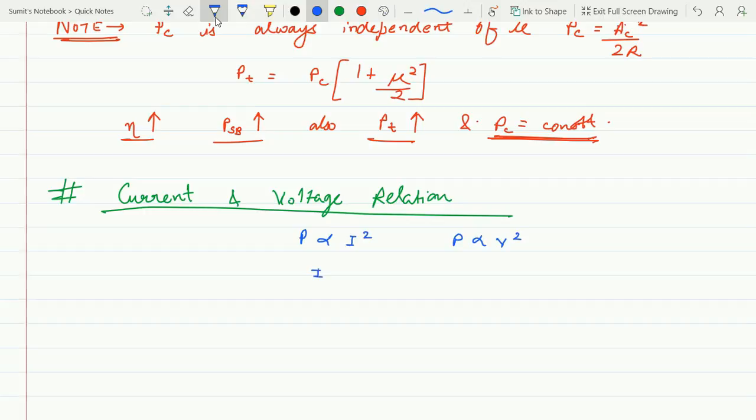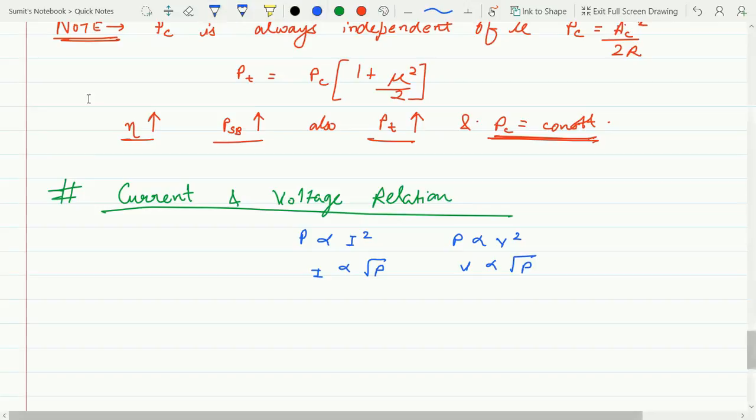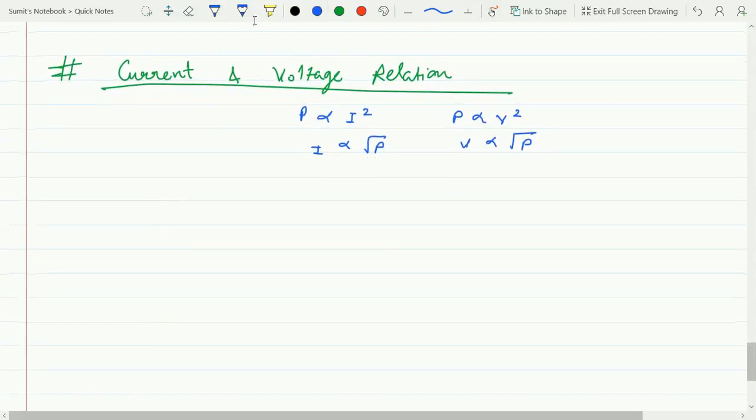So I can say current will be proportional to the root of power, or voltage would be proportional to the root of power. So if I want to define total current instead of total power, now I want to define total current.